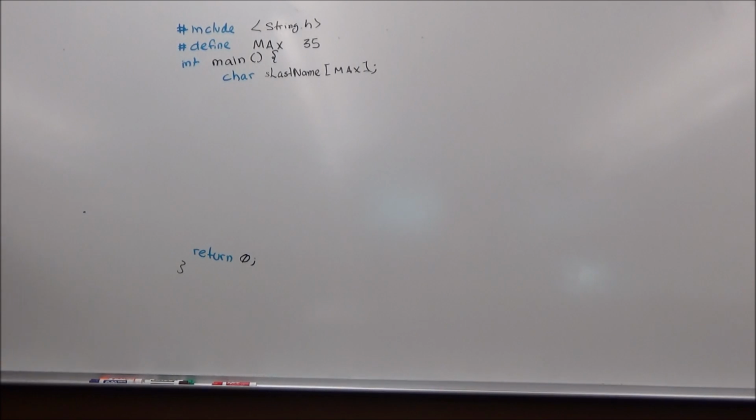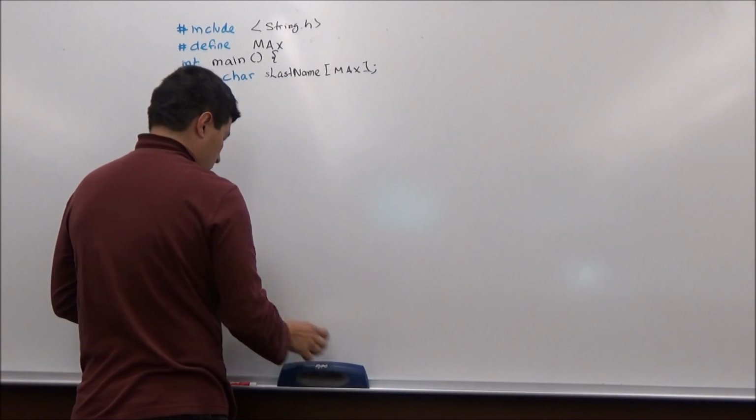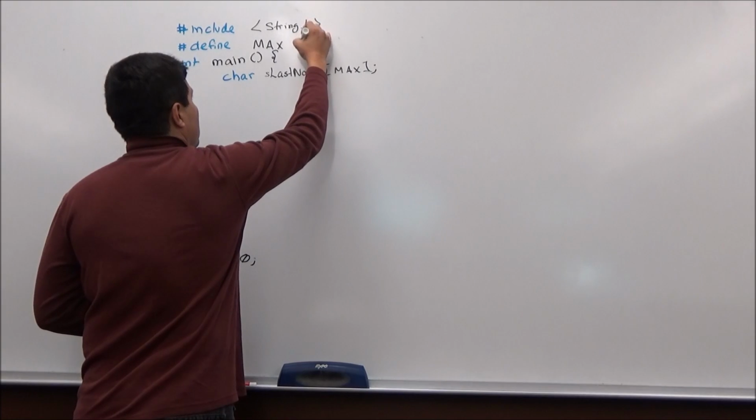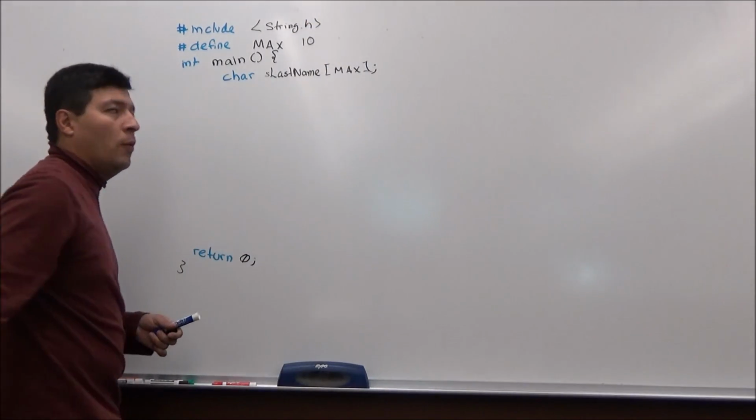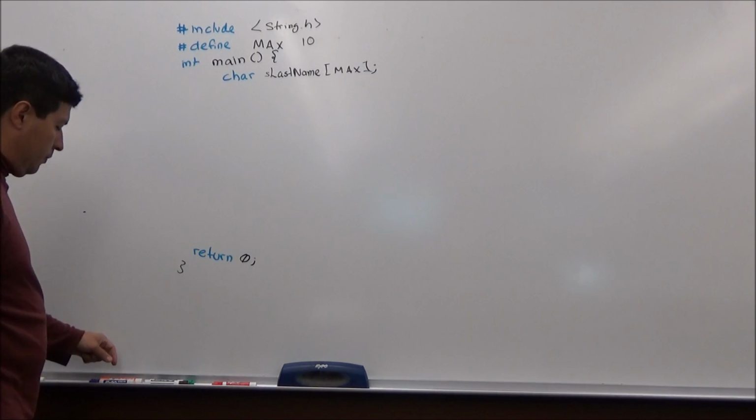You know what? Let's do 10. That will be too many squares for me to write. Let's do 10 for now. In the computer you can make more. So here we have 10.